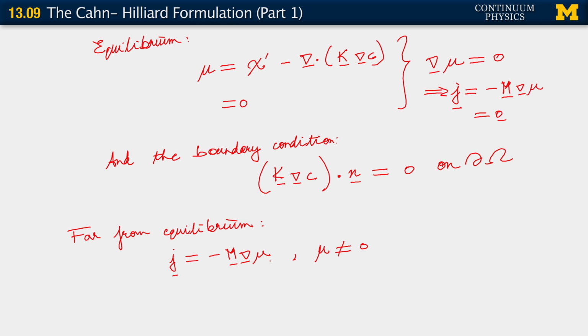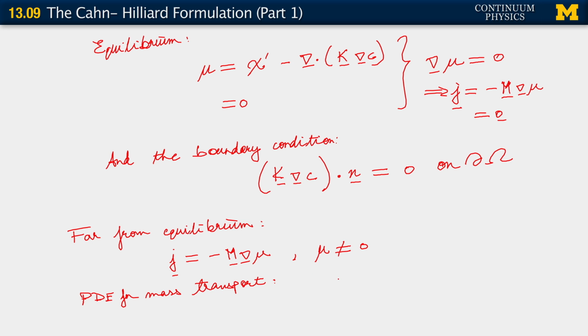Now we just put all of this back into our mass transport problem, because our mass transport problem now is the following. Our partial differential equation for mass transport is the following.